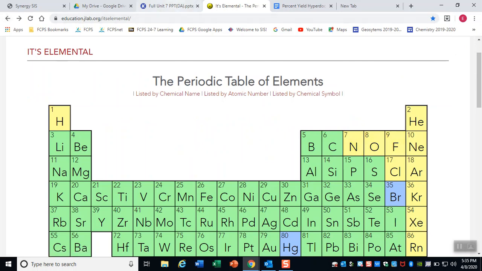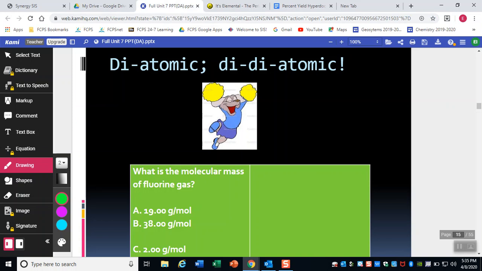Di means 2. So if it's diatomic, that means you're always going to have 2. For example, if I talk about hydrogen, it would be H2. And if I'm talking about fluorine, I'm talking about F2. I have 2 atoms, diatomic.